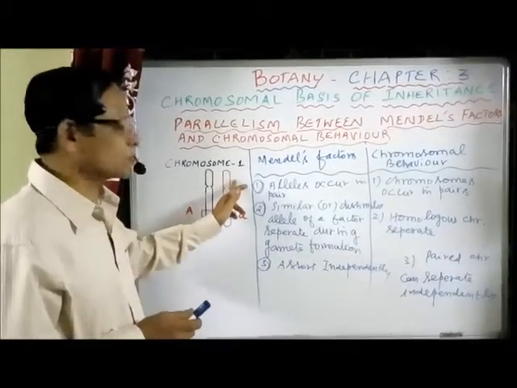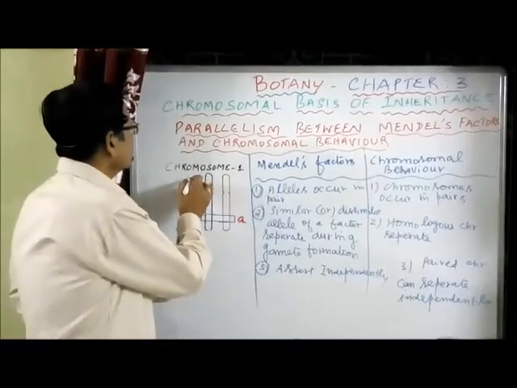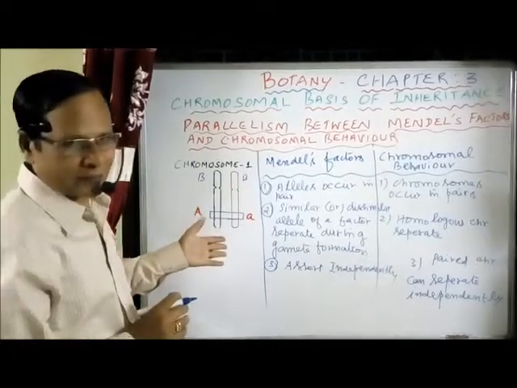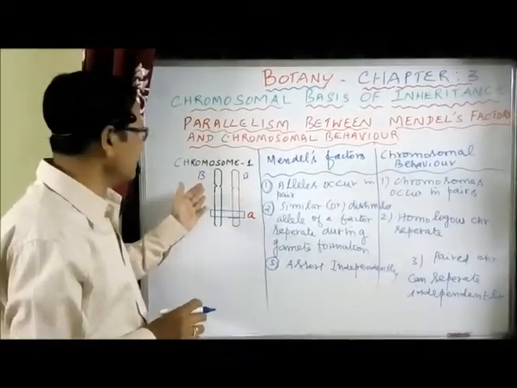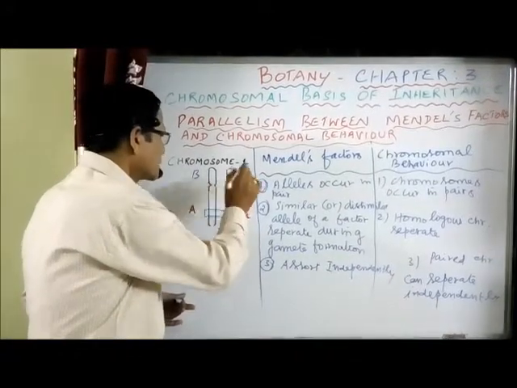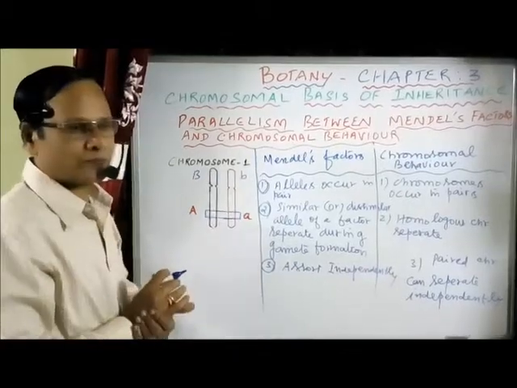If you take a pair of homologous chromosomes, we have genes, for example B. So the alleles of factor B, suppose capital B and small b, or in the homozygous condition, occur in pairs in homologous chromosomes.